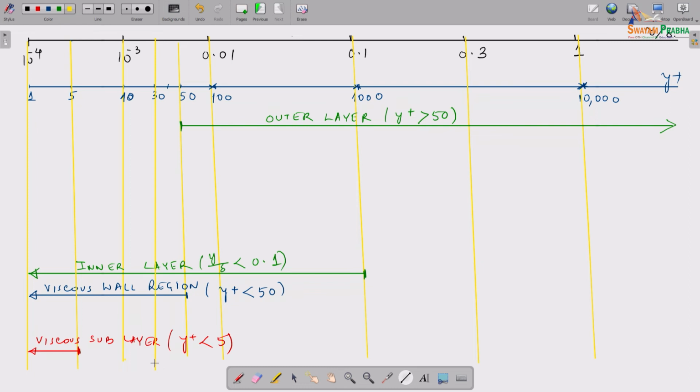Okay, so then we have the log law region, and the buffer is between the two. Now the log law region is basically y plus greater than 30, and y by delta less than 0.3. So the log law region is this.